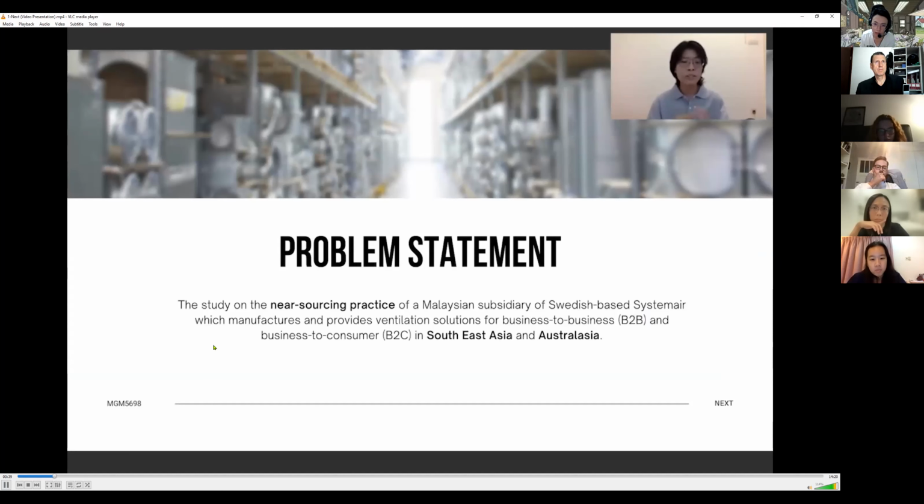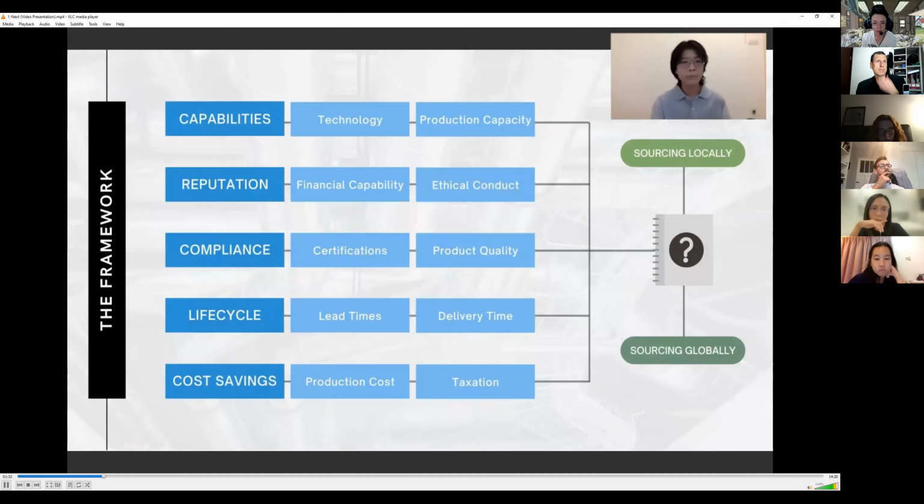It's a subsidiary of Systemair, a global company headquartered in Sweden. In our report, we explored the different aspects of both international and domestic options available to the Malaysian subsidiary.